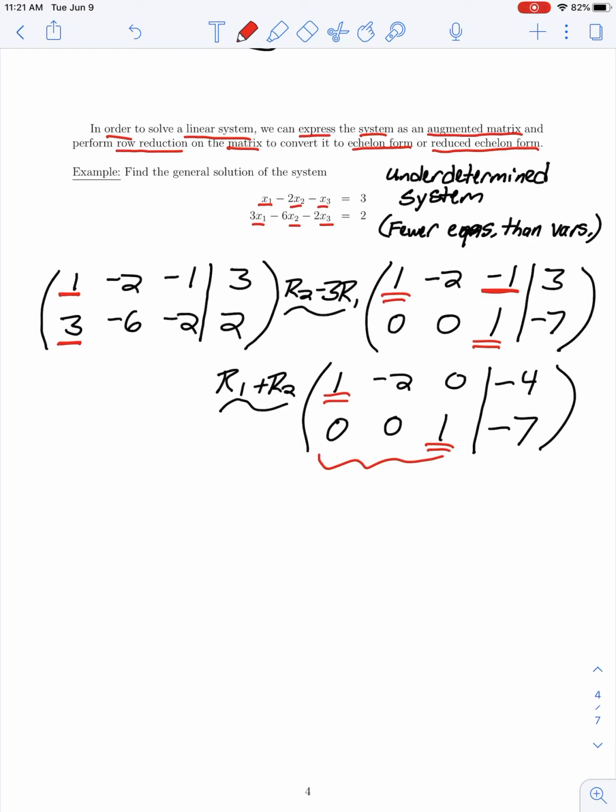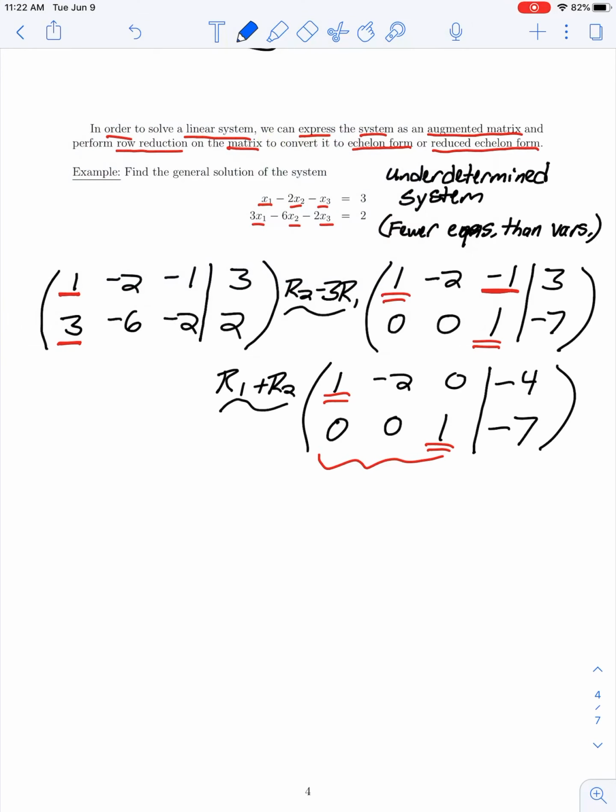Now, when we're using this row reduction algorithm and we have a matrix in reduced echelon form, the free variables are going to correspond to the columns which do not have leading entries, or non-pivot columns.